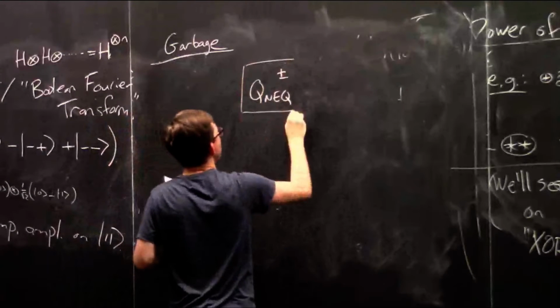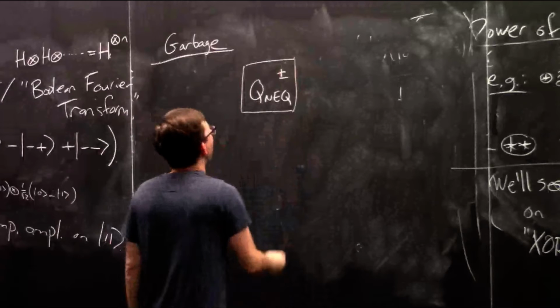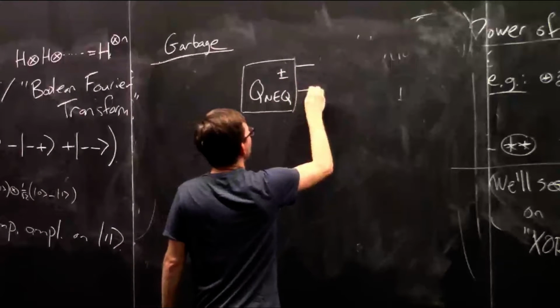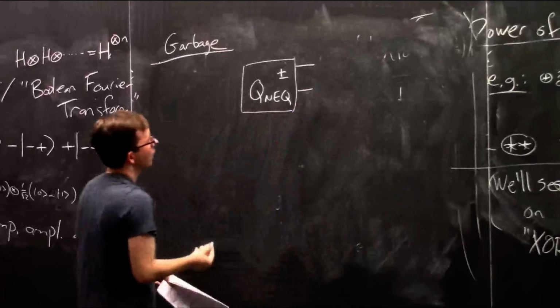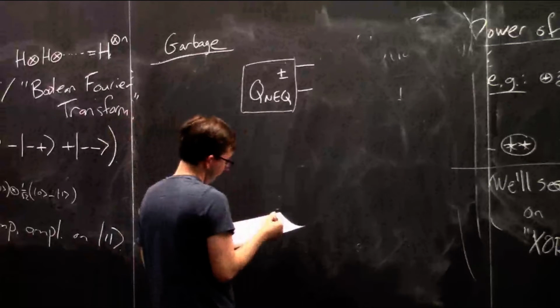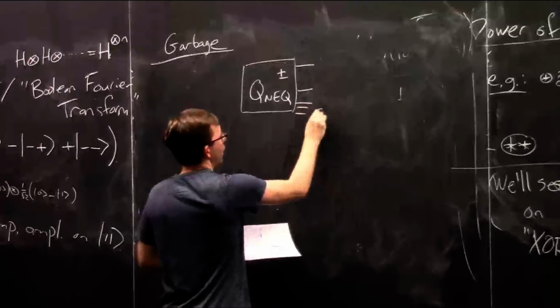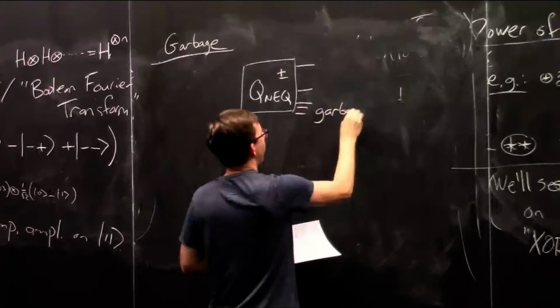But imagine it produced garbage. Okay, so it output the correct state, but it also outputted some garbage qubits.